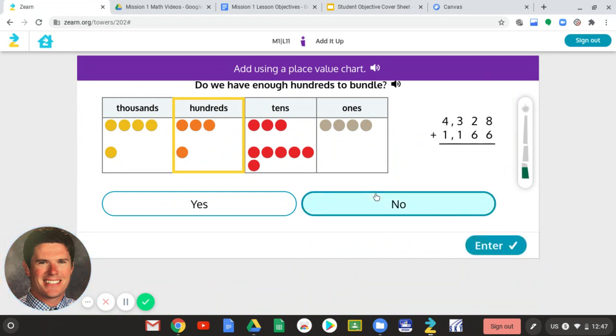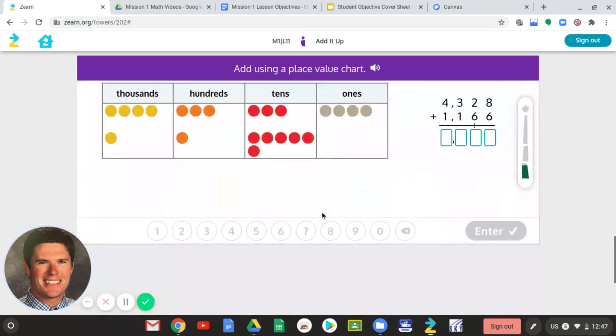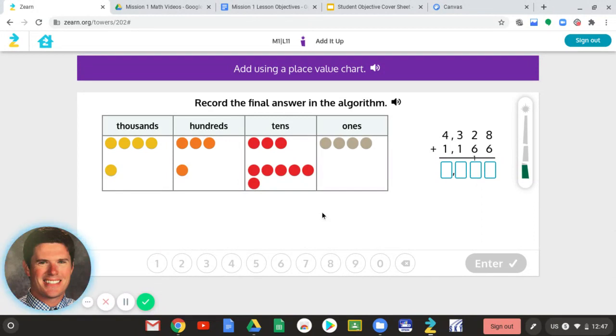No, I don't, because I need 10. And then I bet next it's going to ask me, do I have enough thousands to bundle? No, it didn't even ask me that. All right. So now it wants us to record the final answer in the algorithm. So now it wants us to solve it. Okay. And we've already actually solved it here, but let's see how that matches up.